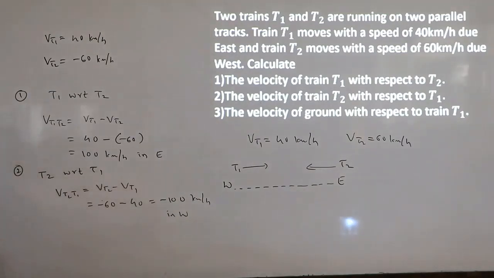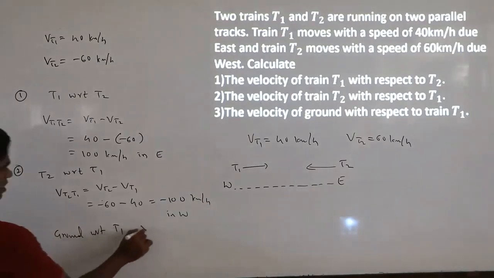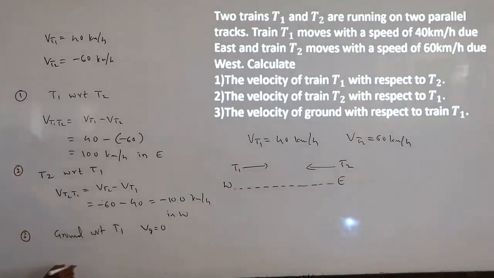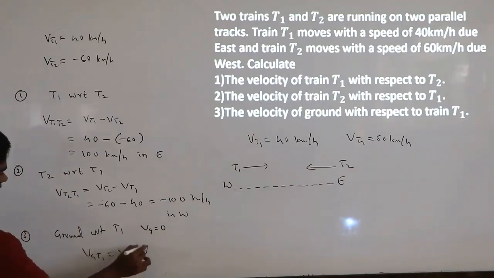Now the velocity of ground with respect to T1. The velocity of ground Vg is 0. So the velocity of ground with respect to T1 is V ground minus Vt1.